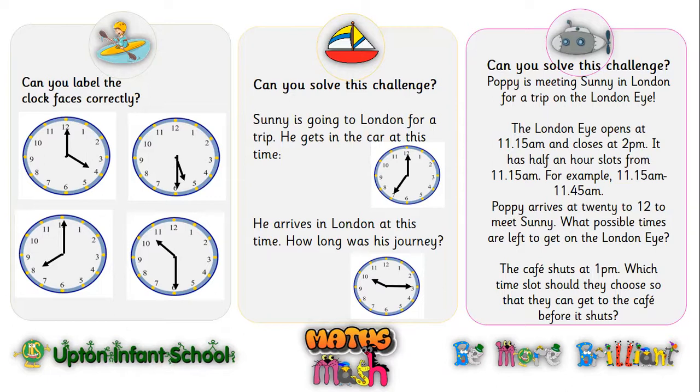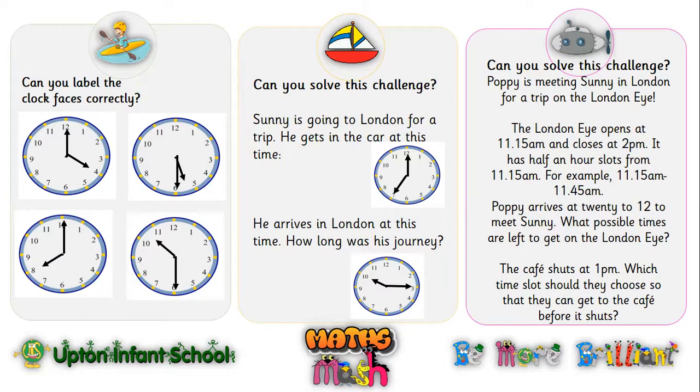Now, if you're thinking about doing the submarine challenge, this one has got a few steps to it. So Poppy is meeting Sunny in London for a trip on the London Eye. Now the London Eye opens at 11:15 a.m, which is 11:15. And it shuts at 2 p.m, which is 2 o'clock. Now it has some half-an-hour slots from 11:15 when it opens.